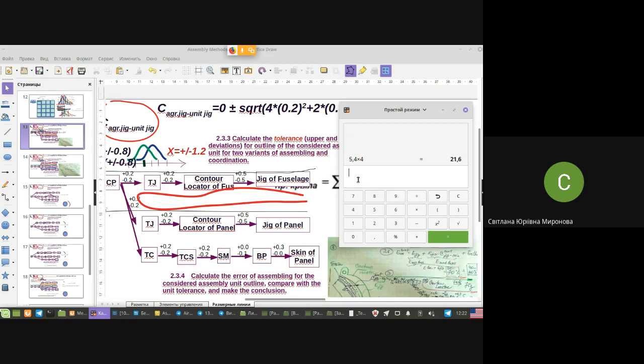What we need to do? We need to write down the square root from 0.2. Why 0.2? Because the whole range, the whole field, is 0.4. Minus 0.2 plus 0.2, the absolute value is 0.4.